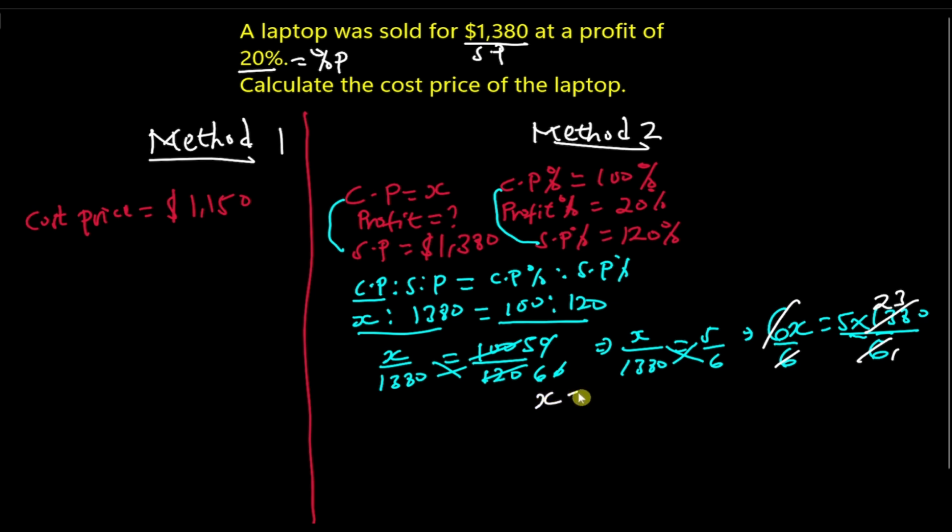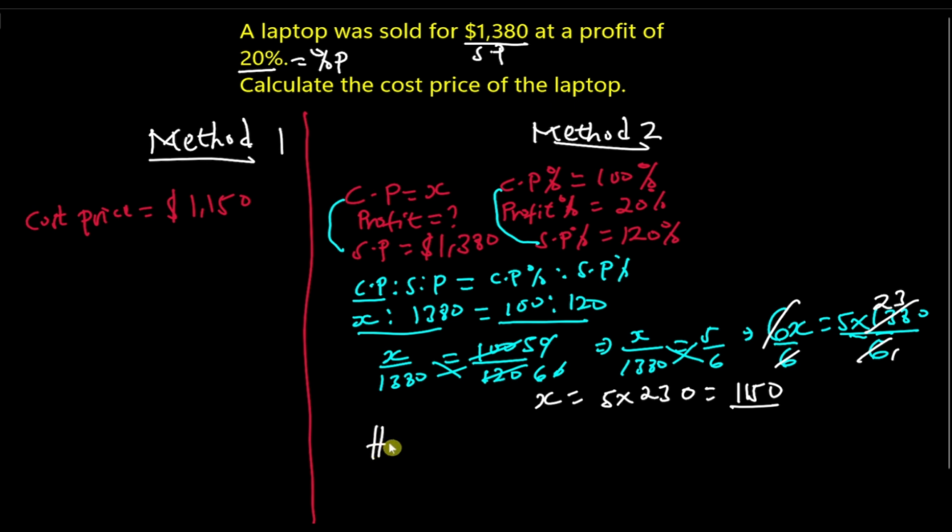We now have x equal to 5 times 23, but don't forget to bring the 0 over here, and 5 times 23 is 115. Then we add the 0 to it. The x is the cost price.